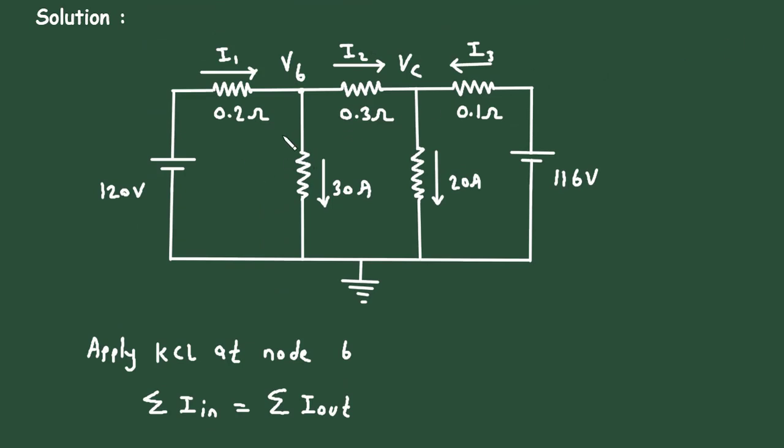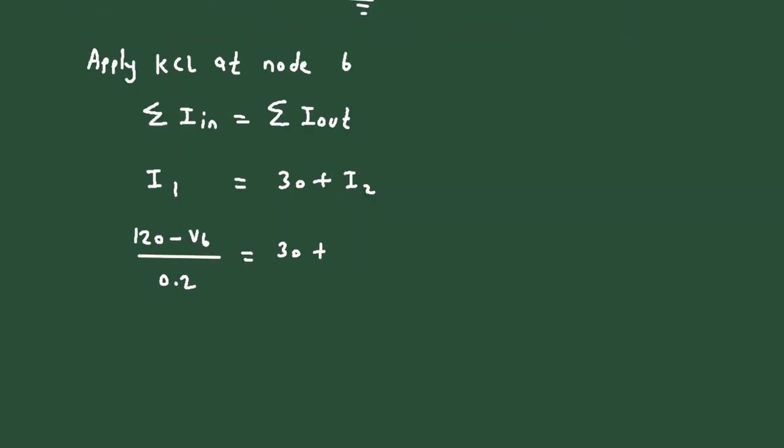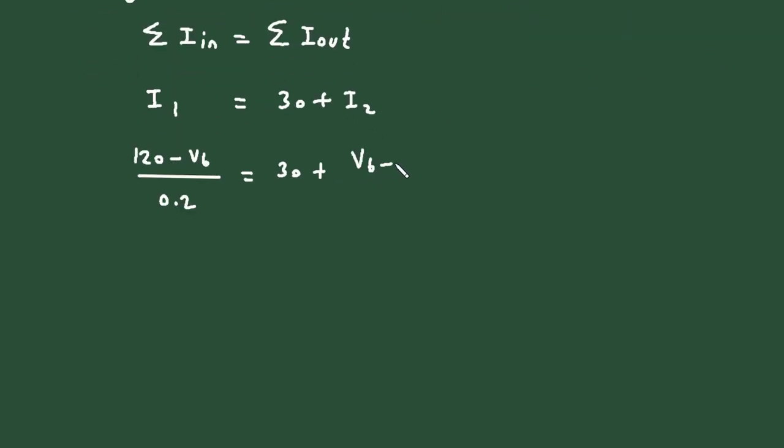Now this I2 is VB minus VC divided by 0.3.